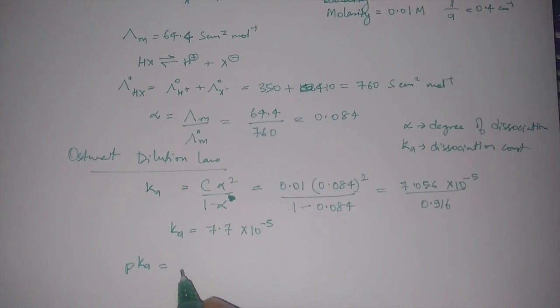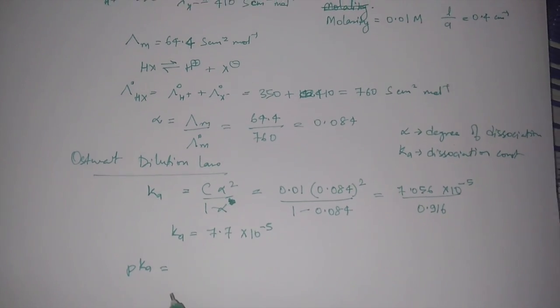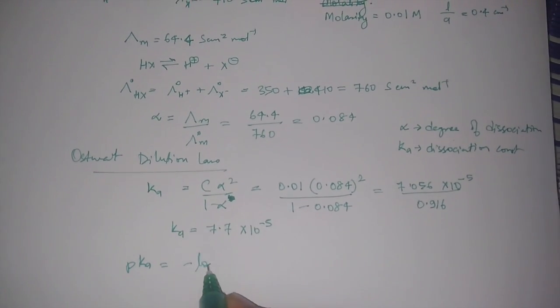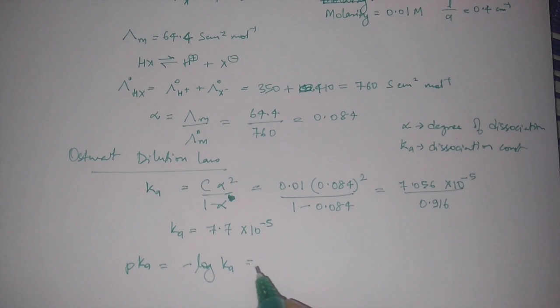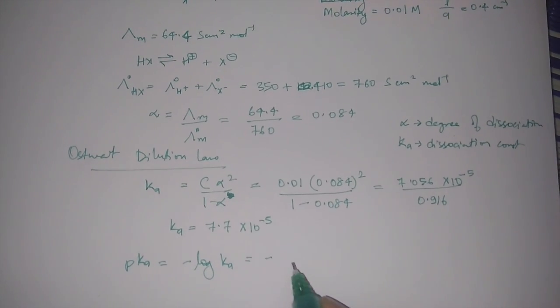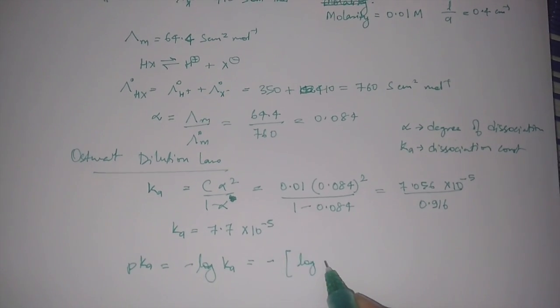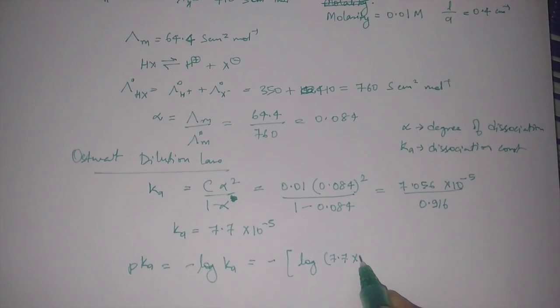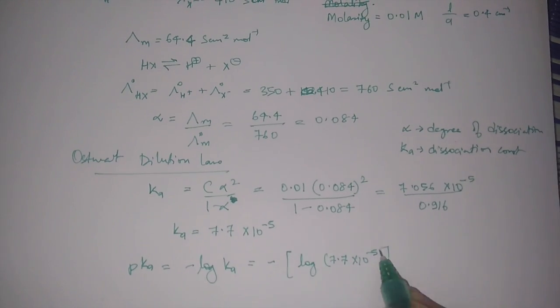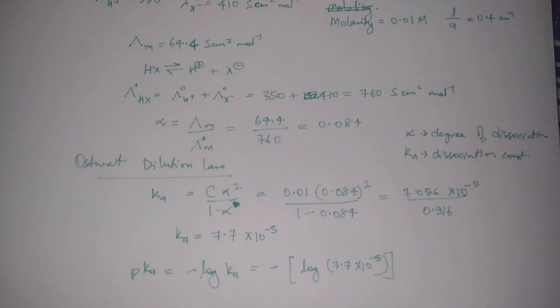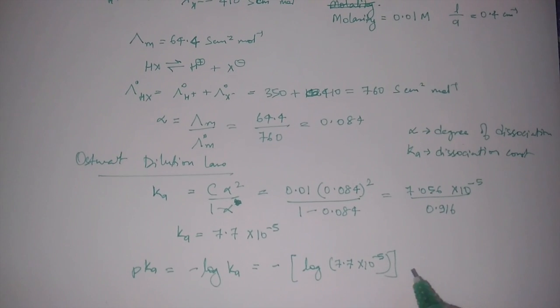Since pH is negative of log of H ions, similarly your pKa will be negative of log of Ka. So just put these values in: minus log of 7.7 into 10 to the power minus 5. Solve it out, see how you have to solve this.